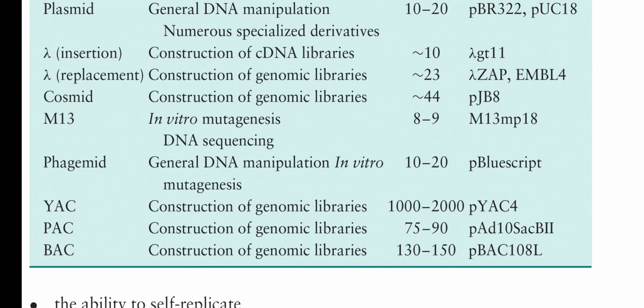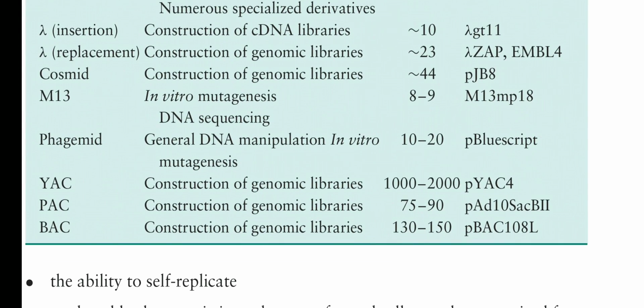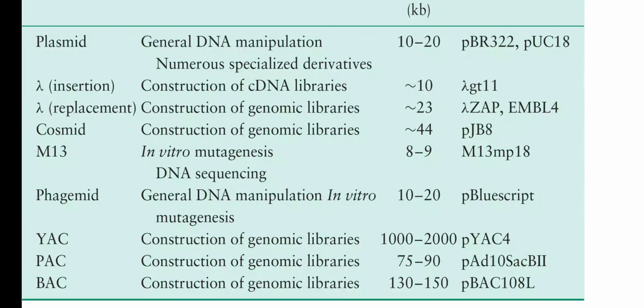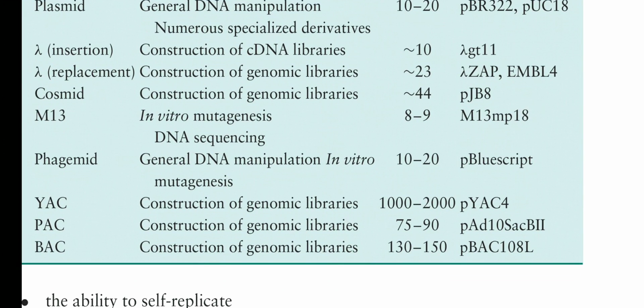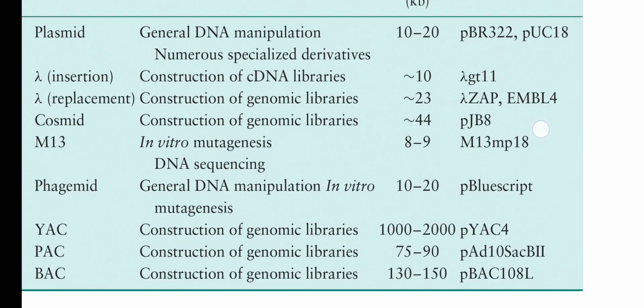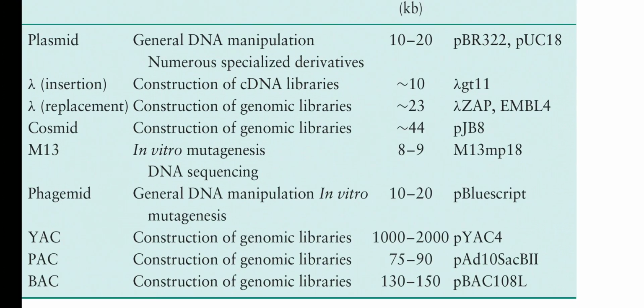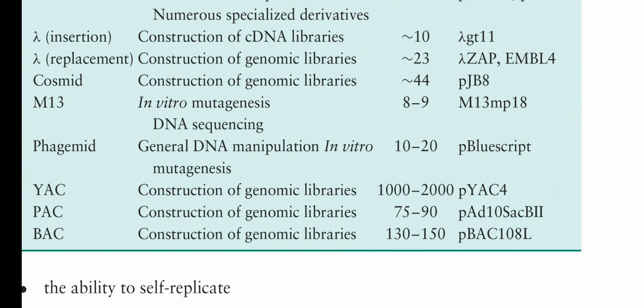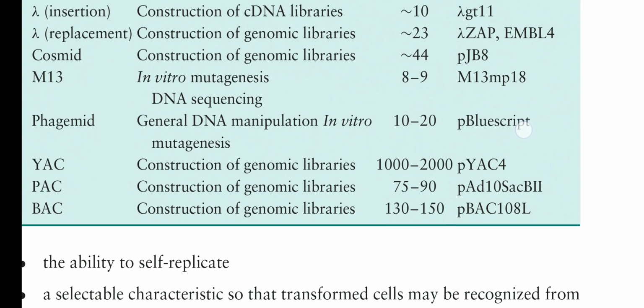Cosmids are used for construction of genomic libraries, with a capacity up to 34 kilobase. That's great. Then another one is M13, which is about 8 to 9 kilobase. That's not so impressive, but it has an advantage because it helps in sequencing studies.